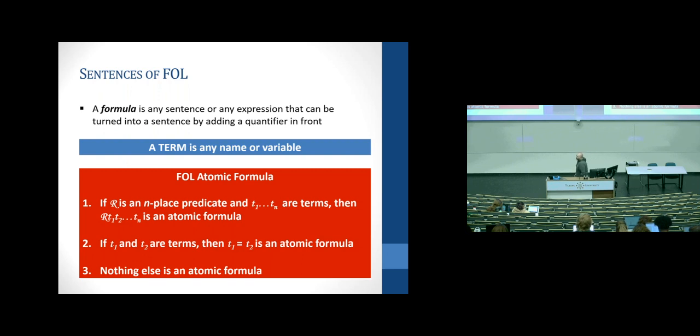Say a formula is any sentence or any expression turned into a sentence by adding a quantifier in front. That's going to be the basic idea. But in the run up to it, we'll say a term is any name or variable. That shouldn't be surprising, right? We talked about this right at the beginning.